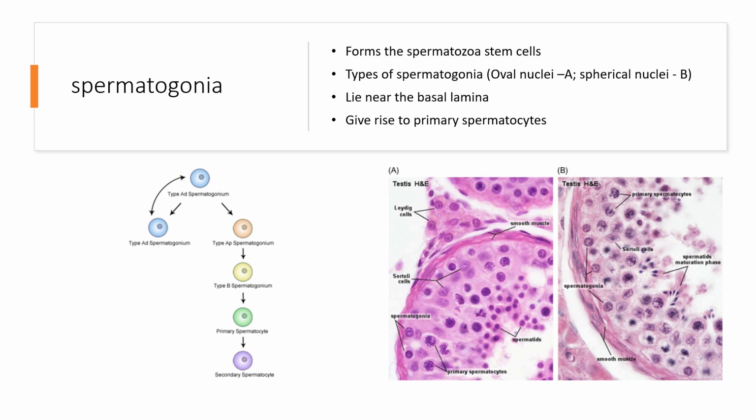Okay, let's now look at the spermatogonia or spermatogonium. Of course, you already know the developmental stages, where you move from spermatogonium to different types of spermatogonium. We have what we call the type A dark spermatogonium.